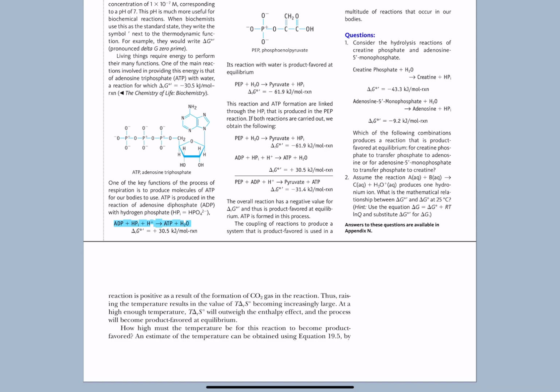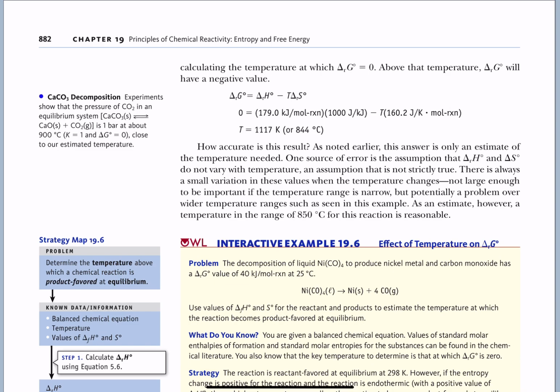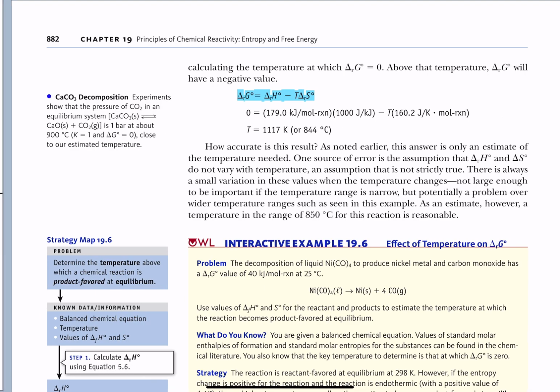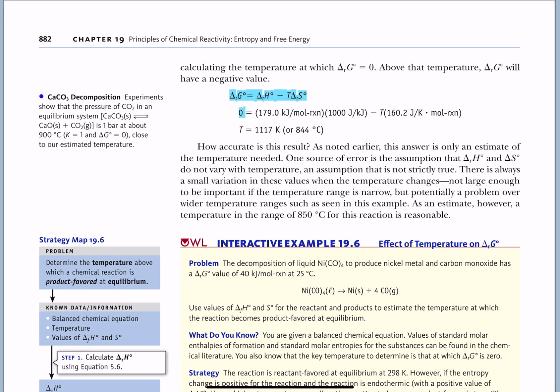So, back to our question. At what temperature would a chemical reaction that normally is non-spontaneous become spontaneous? And the way that you do this is you take the Gibbs free energy equation right there, and you set your delta G equal to 0. Because 0 would be the cutoff.